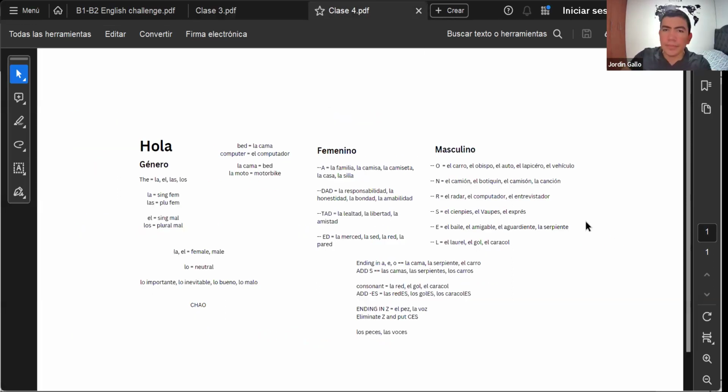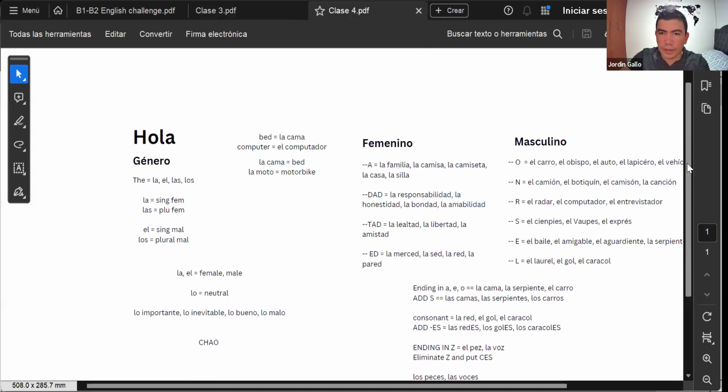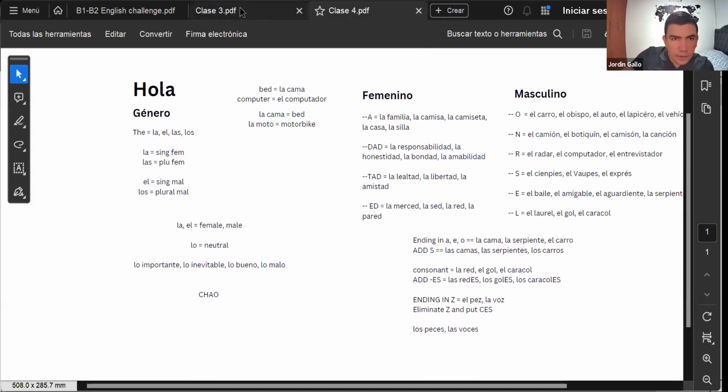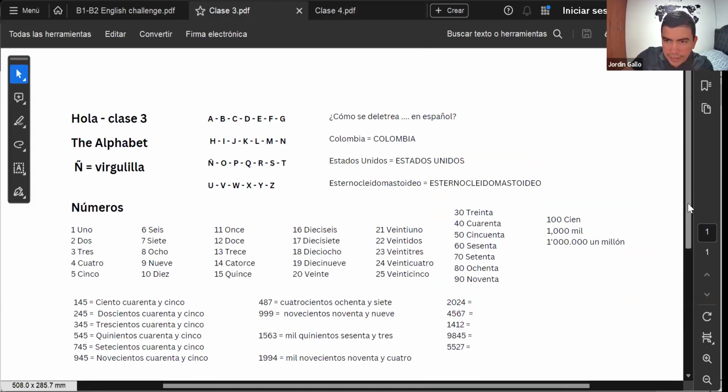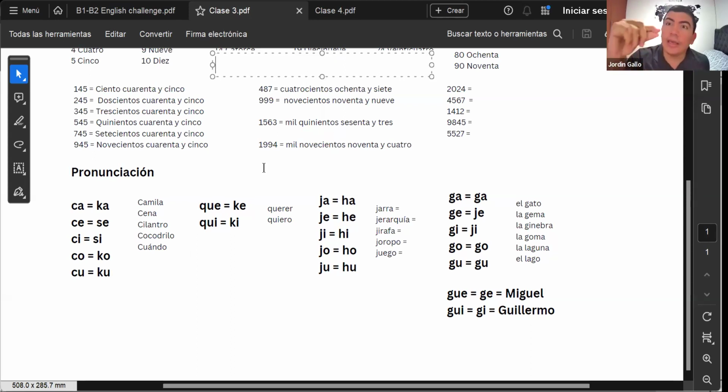In the class 4, oh, no, sorry, it's here. It's in the class 3. It's just that I didn't see it. In this class, we have some differences in some syllables because it's kind of similar in English, you know?